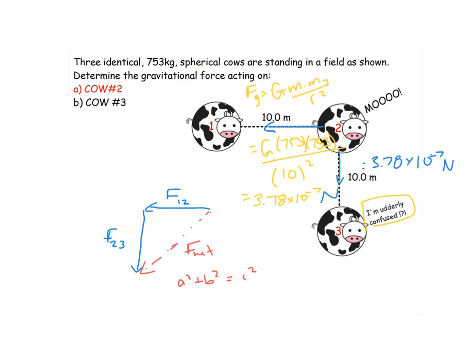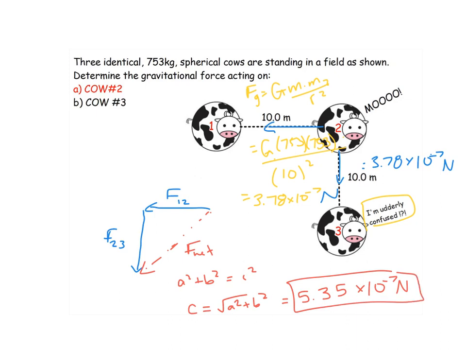This is my longest side, so that will be my hypotenuse, the square root of A squared plus B squared. So my answer squared plus my answer squared, and then the square root of that gives me 5.35 times 10 to the negative 7 newtons. That's the magnitude of the force.